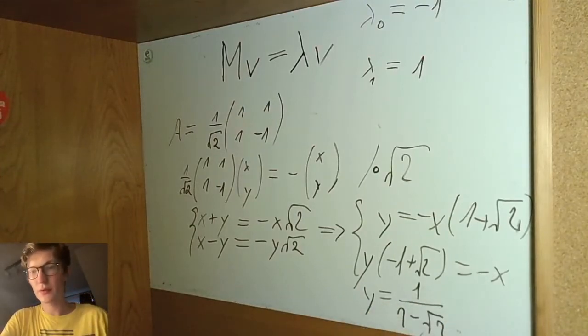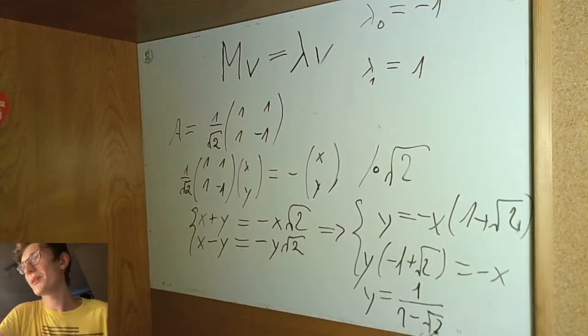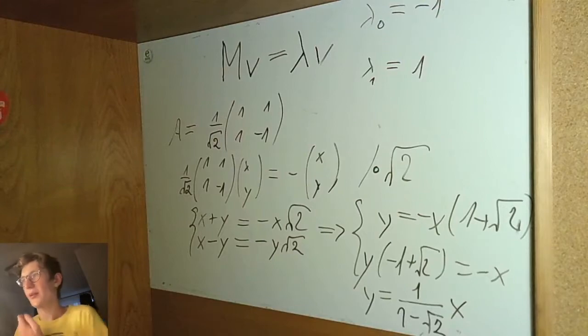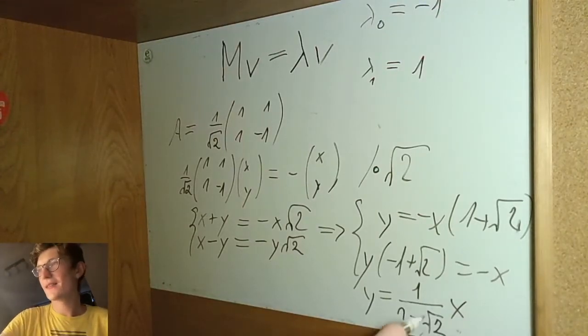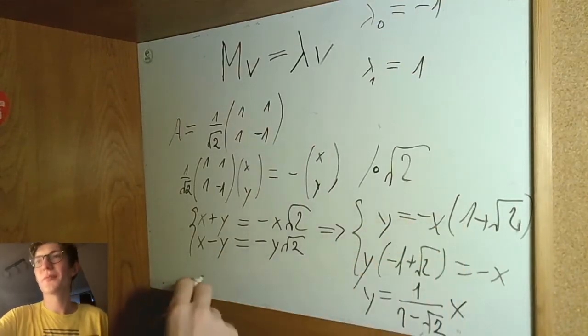Because of this sign, we multiply this by minus 1 times x. So what is worth noticing, these numbers are equal, okay?